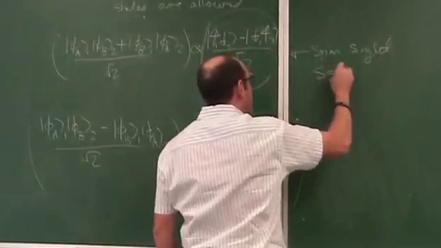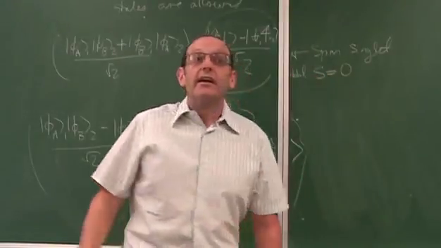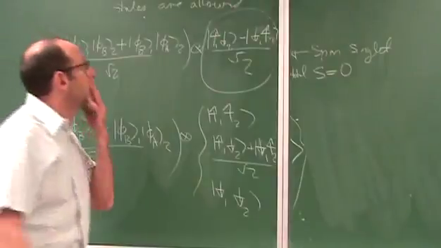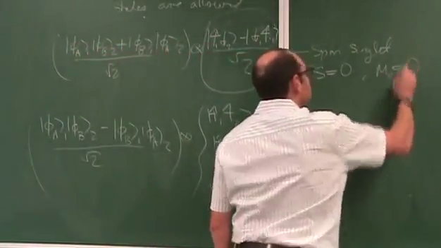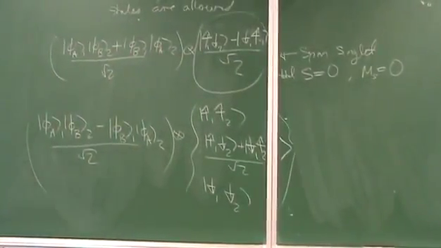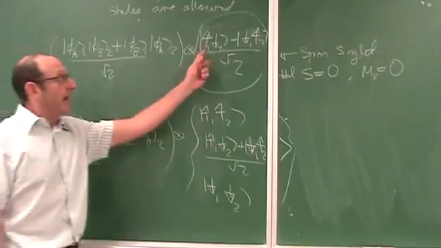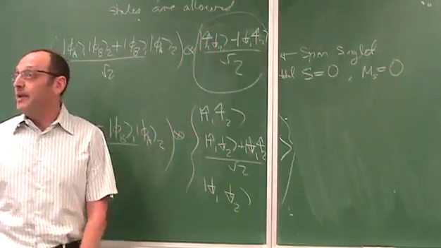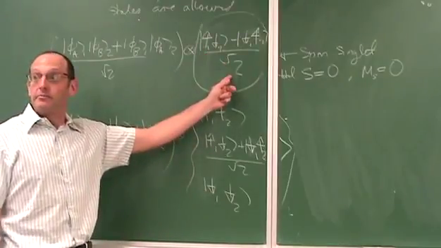It's the state with total spin 0, and therefore the total m_s is 0. And that state is also an eigenstate of exchange of the two spins with eigenvalue -1.